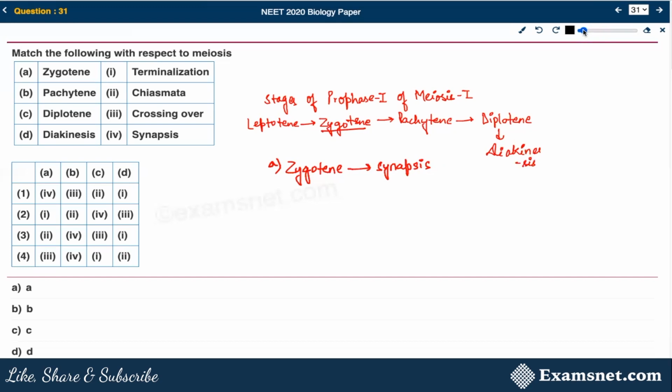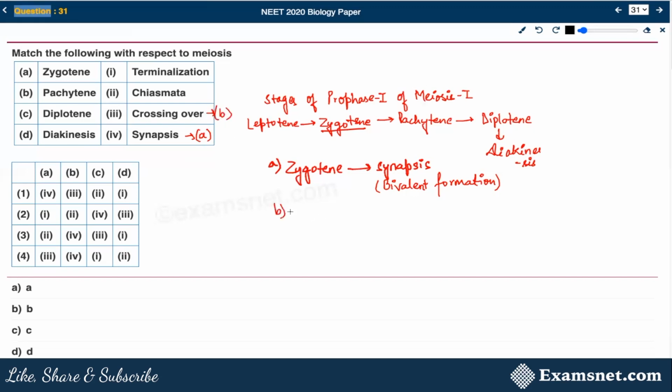This basically results in bivalent formation, or tetrad formation, you can say. So this is related to option A. Clear? Then pachytene is related to the process of crossing over. So B is relatable to option 3.